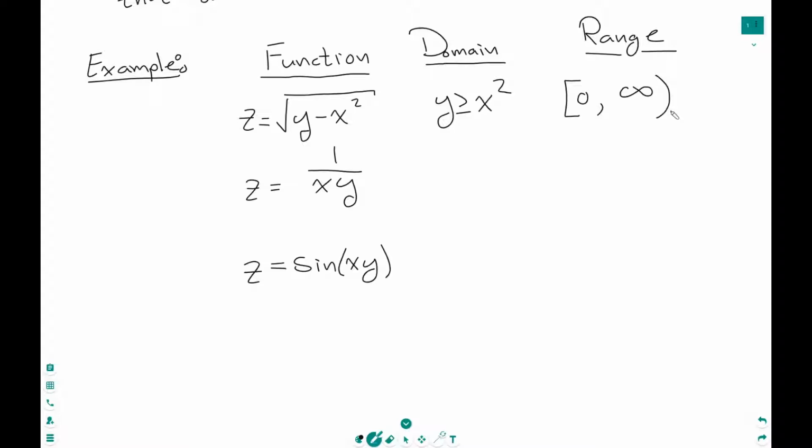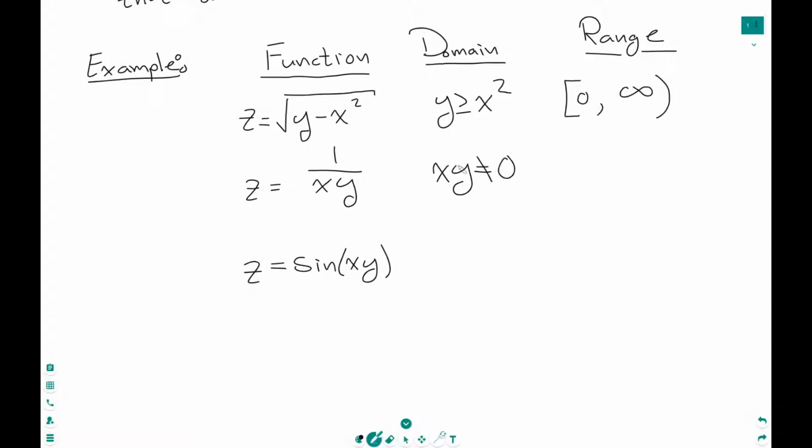I can't have that x times y, this product, equal to 0, or I have 1 over 0, right? So the restriction here is that this product cannot be 0. And there's other ways for us to write that. Because x and y exists in R2, we could say R2 minus when x or y is equal to 0.